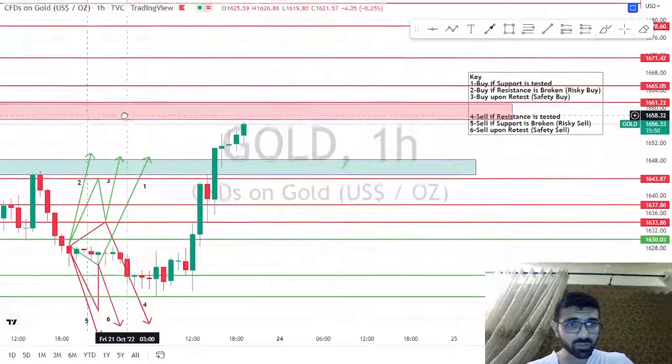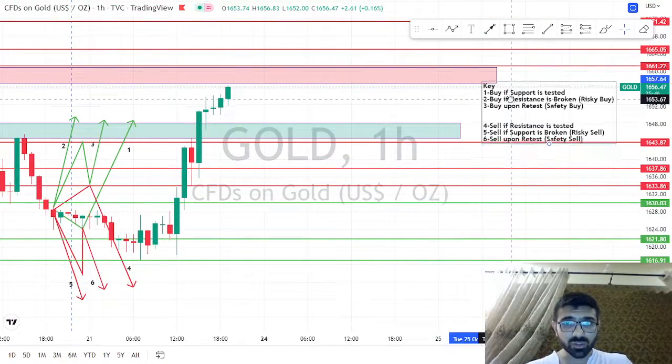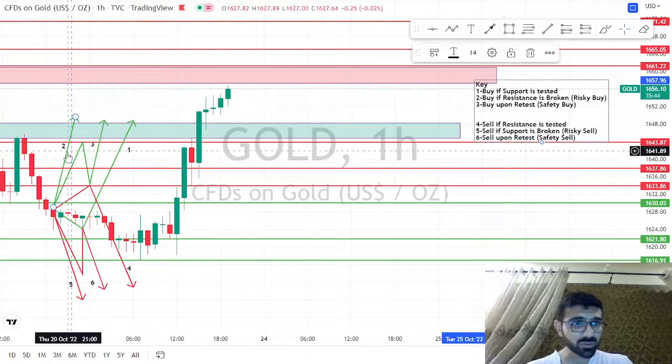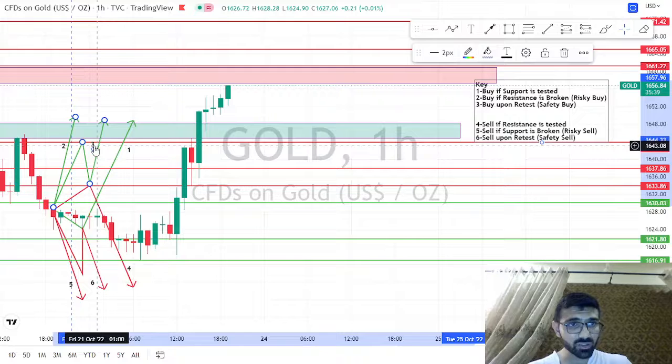So now let me bring in all the previous keys, all the previous moves, so you guys can have a clear idea as to how to trade this pair.